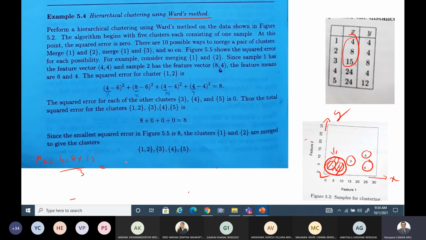Mu x is 9, sir. Okay, thank you. Mu y is 4 plus 4 plus 8 by 3.